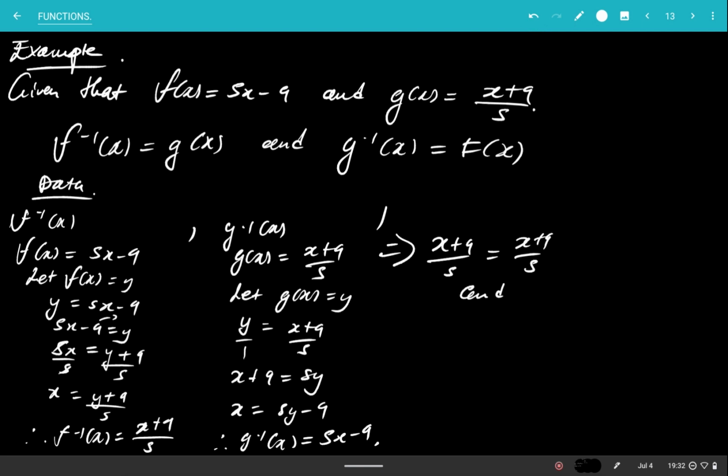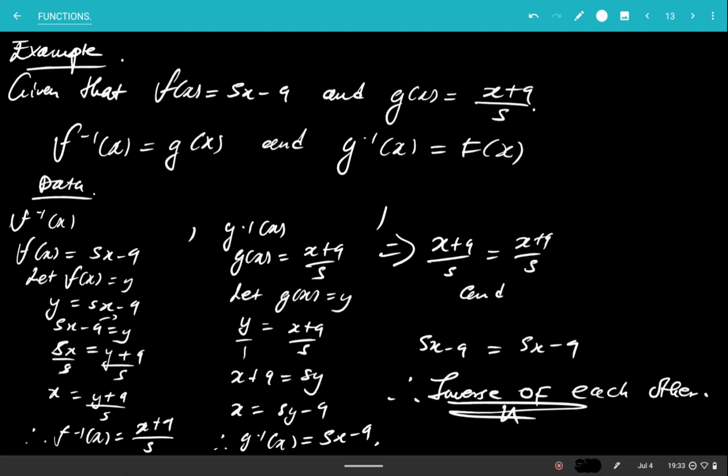And is the g inverse of x equal to f of x? Let's try and prove. So the g inverse of x is 5x minus 9, and f of x is also 5x minus 9. Therefore, they are what? Inversely what? Related. Okay, so you say inverse of each other. Just like that.